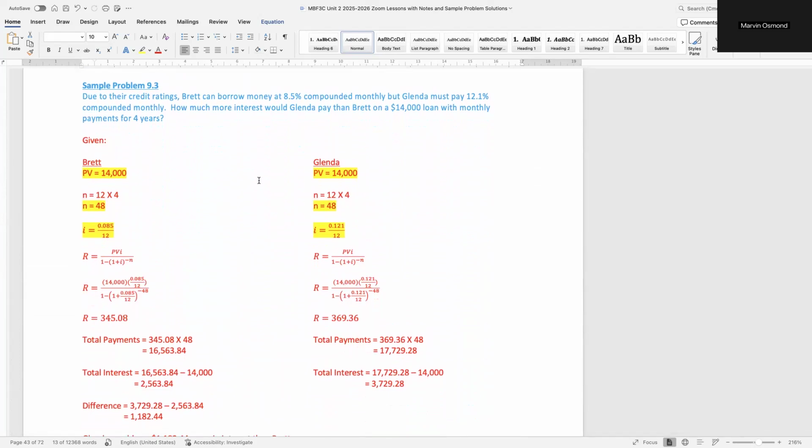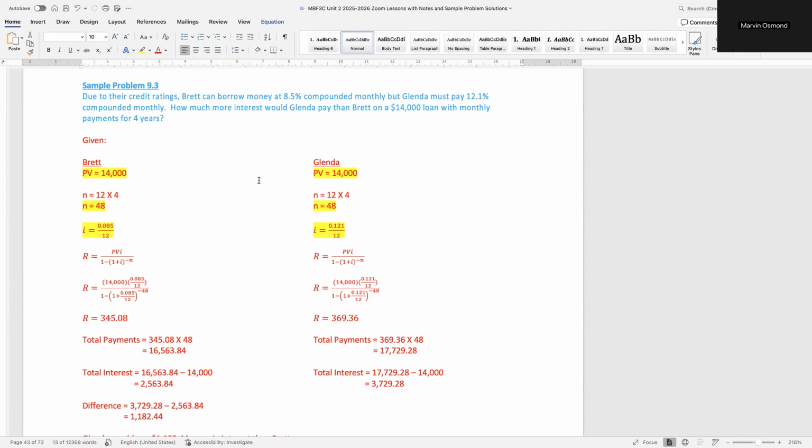So let's take a look at a problem. It says, due to their credit ratings, Brett can borrow money at 8.5% compounded monthly, but Glenda must pay 12.1% compounded monthly. As I talked about yesterday, you have a credit score based on your credit history, which means previous loans, making payments on your credit cards, and paying all of your bills on time.